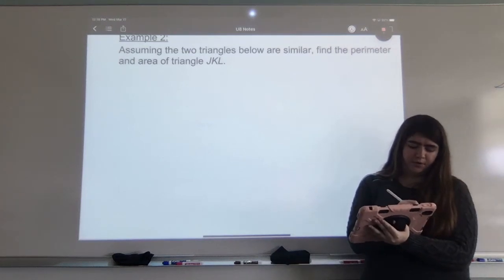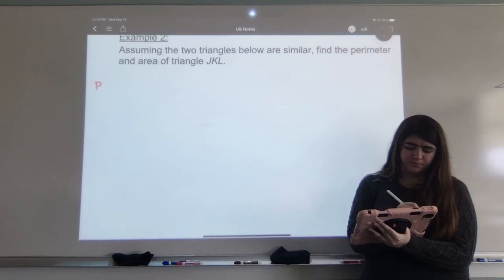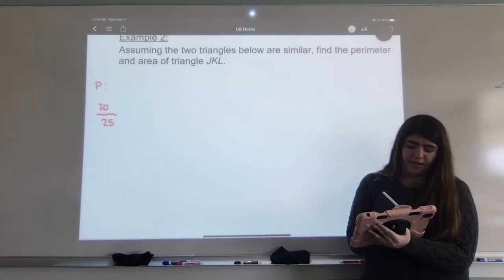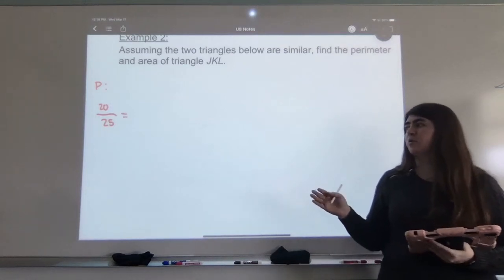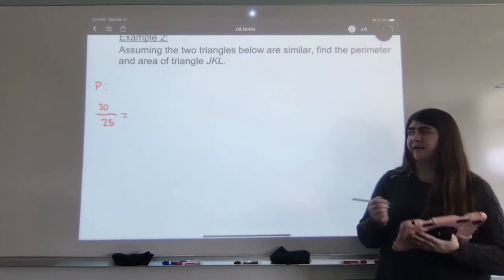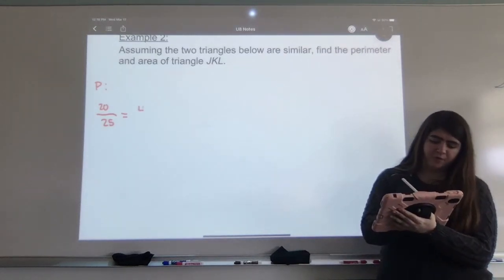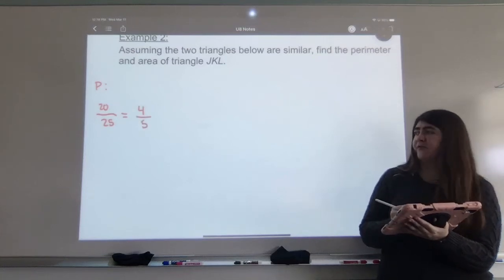So for my perimeter ratio, I have 20 to 25. And that actually will simplify nicely, which will make the math easier for us if we break that down. So 20 to 25, if we divide both of those things by 5, gives me 4 fifths. So it's a 4 to 5 ratio.